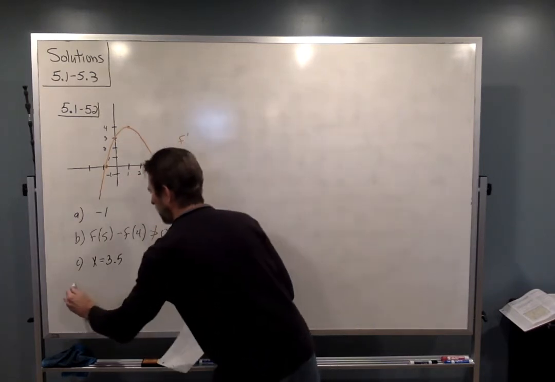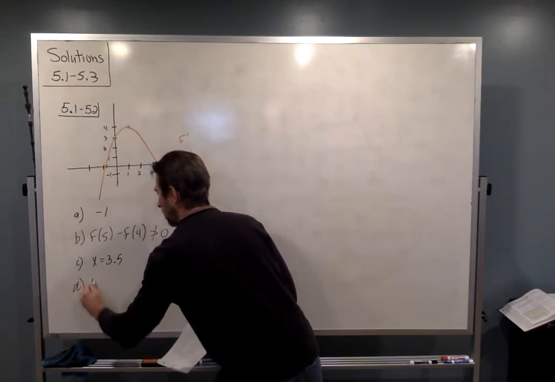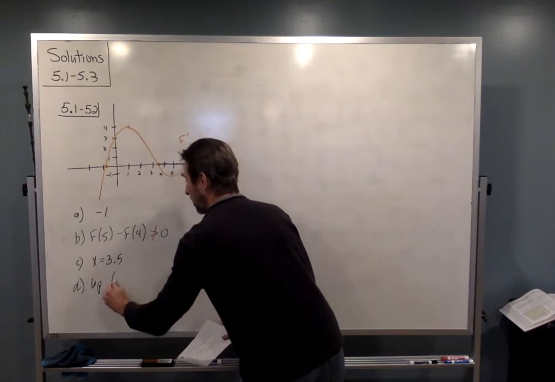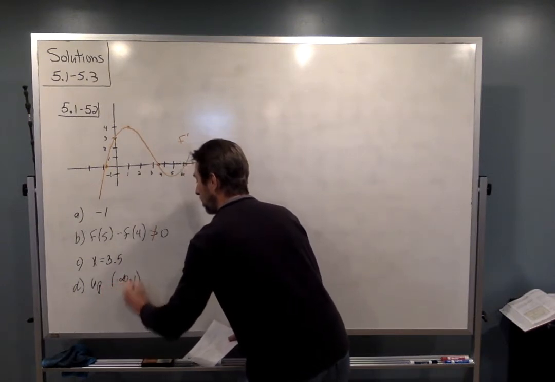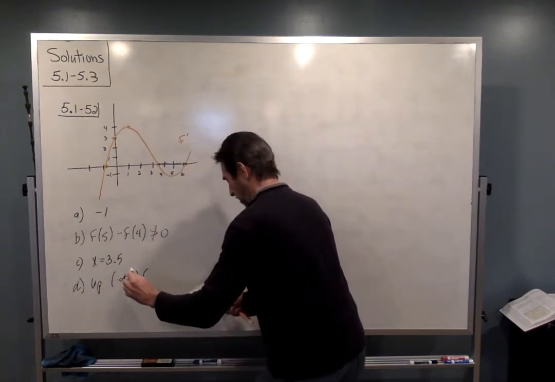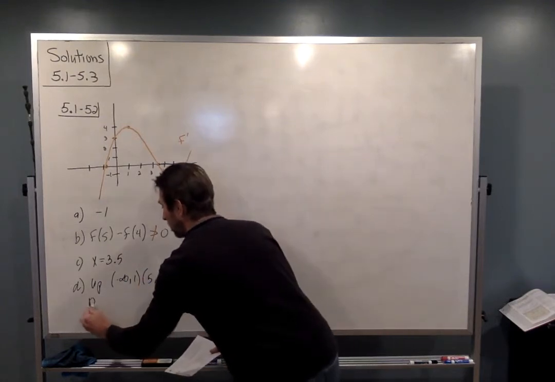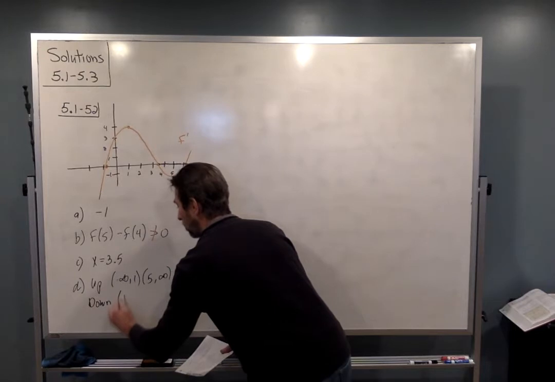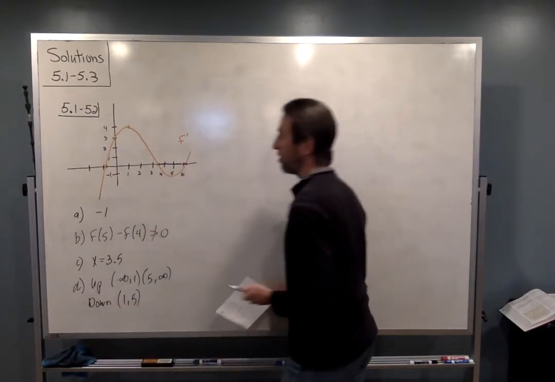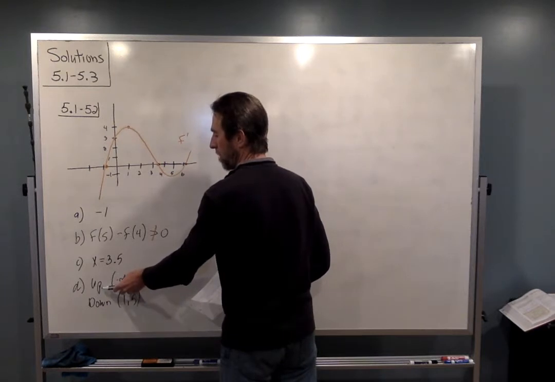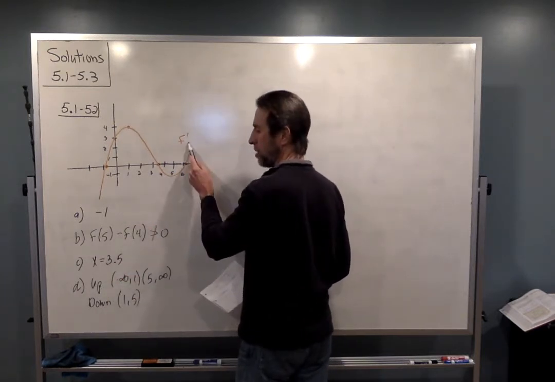And then finally part D, we get the original function being up from -infinity to 1, and then from 5 to infinity. It's down from 1 to 5. Now what this means, again, is that we know a function is concave upward when its derivative is increasing.